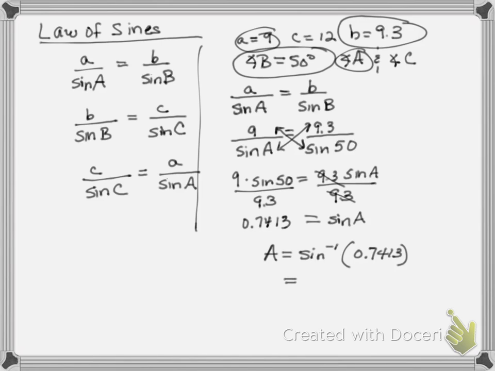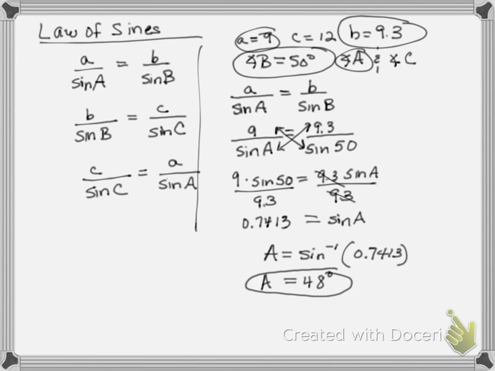If I inverse that, I should get 47.8, so we're going to go to the nearest degree, so it'll be 48 degrees. So I know that the measure of angle A is 48 degrees.